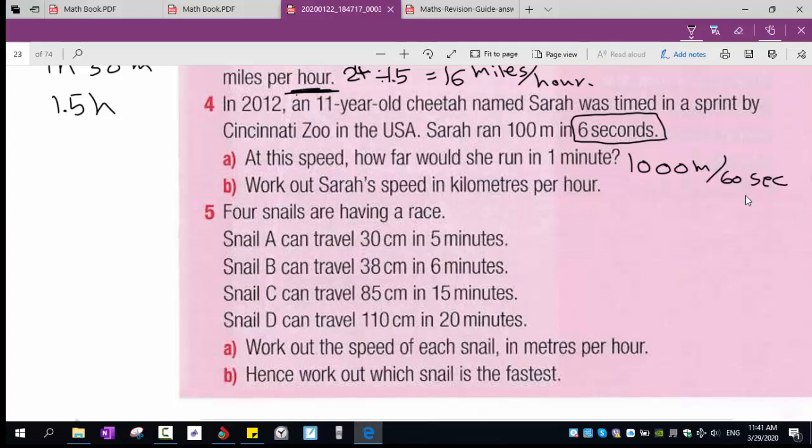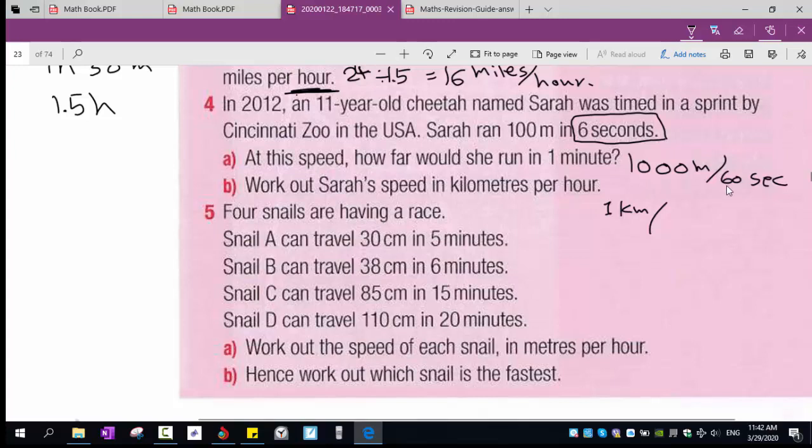Work out her speed in kilometers per hour. So 1000 meters is 1 kilometer. 60 seconds is equal to 1 minute, and 1 minute compared to an hour is 1 out of 60.